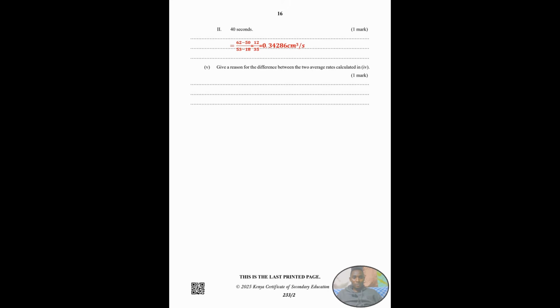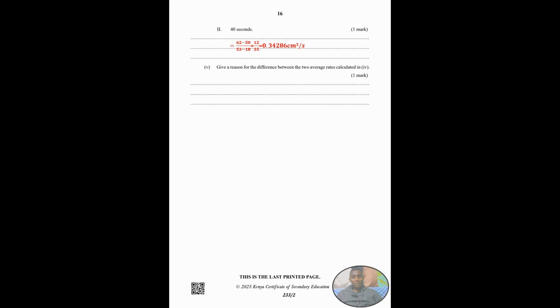So I have 12 over 35, and my rate was 0.34286 cubic centimeters per second. Again, we apply the same method that we applied when determining the rate at 10 seconds, and we obtain our rate.